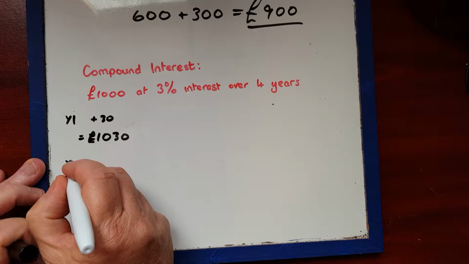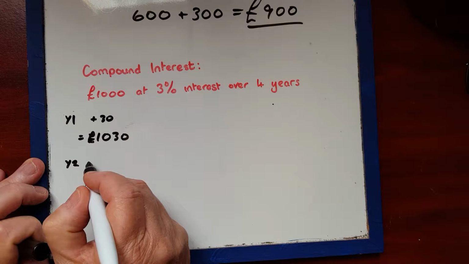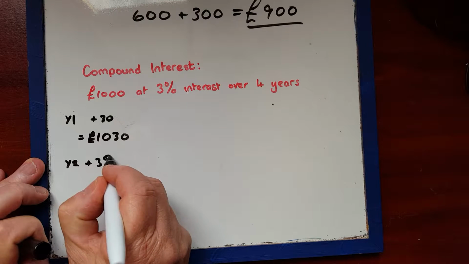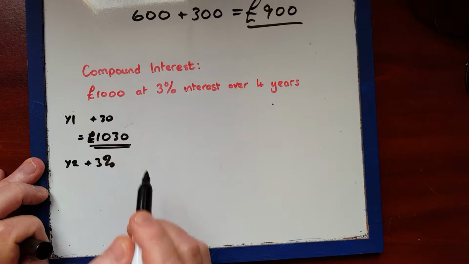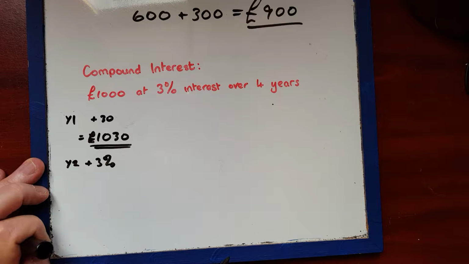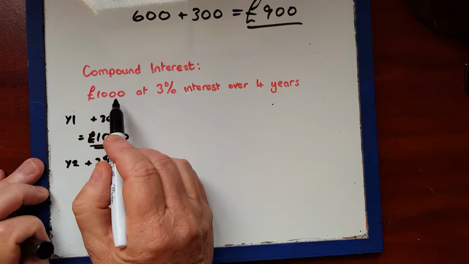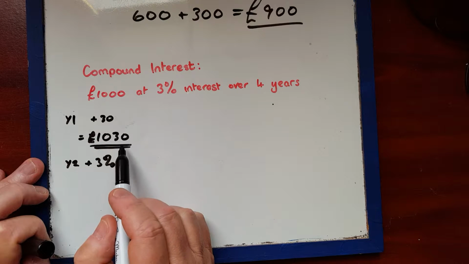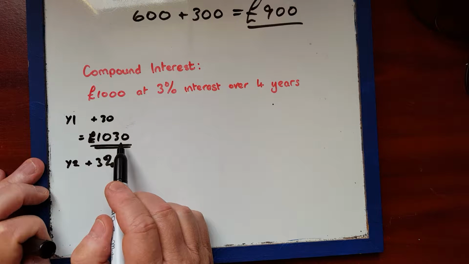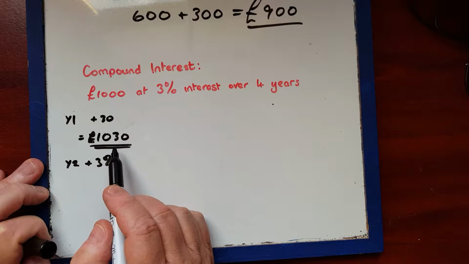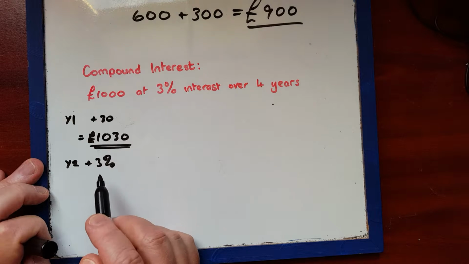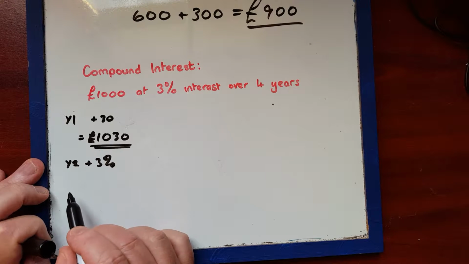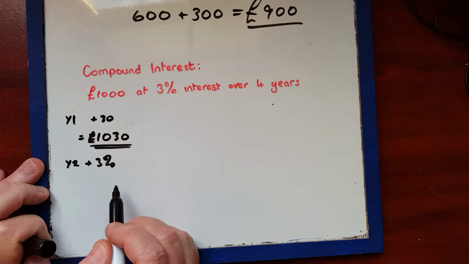But then in year 2, you now need another 3%. And you have to find 3% of £1,030. So it's not finding 3% of £1,000 all the time. You're finding 3% now of £1,030, which you can't do in your head quite so easily. And then you add that on to your 1,030, and you get a new total that's a little bit bigger, and then in year 3 you find 3% of that amount.